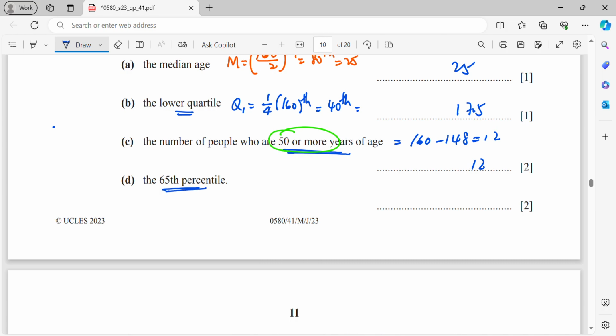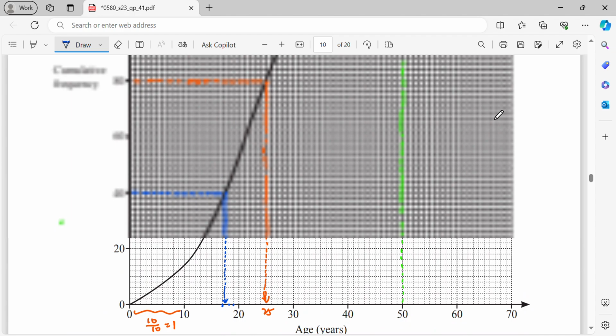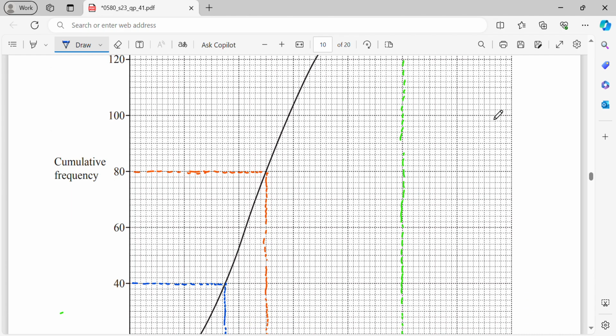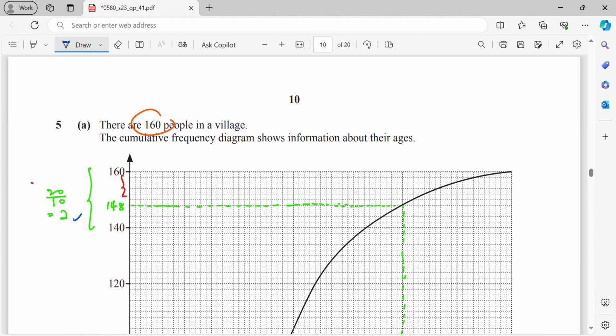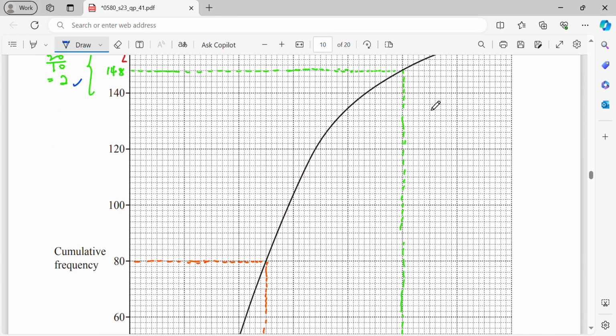Now the 65th percentile. So 65 over 100 times 160. So this is 104. So 104. Okay, so just now I already mentioned each square is representing 2 units, right? So 104 means here. This is 104.